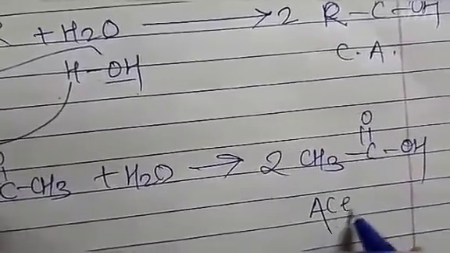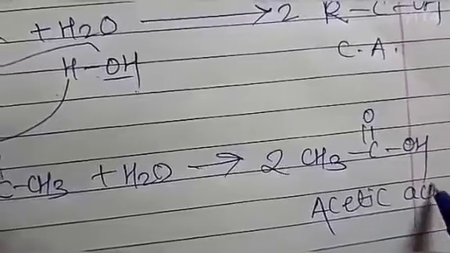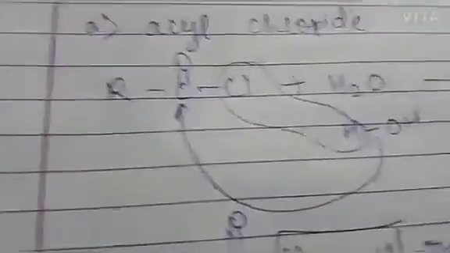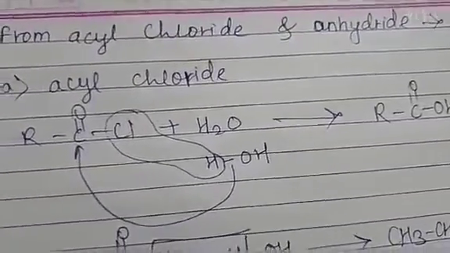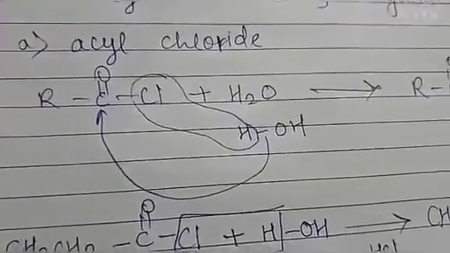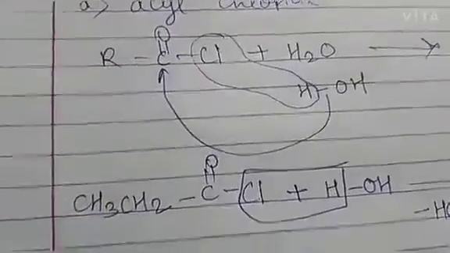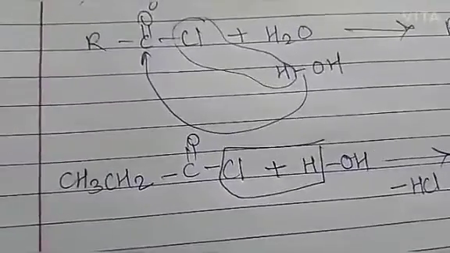This is the acetic acid. This was the second preparation reaction, that is from acyl chloride and acid anhydride. Now with the statement, general reaction and the example, you write it in your notebook.